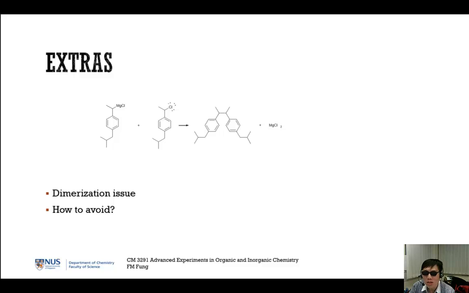So how can we minimize this? How can we minimize this issue of dimerization? We totally don't want it to happen. One way that we can do is we use THF as a solvent instead of diethyl ether. Okay, what do we call this kind of reaction besides dimerization? Self-coupling. Okay, any dimer that is formed will be removed by the ether.